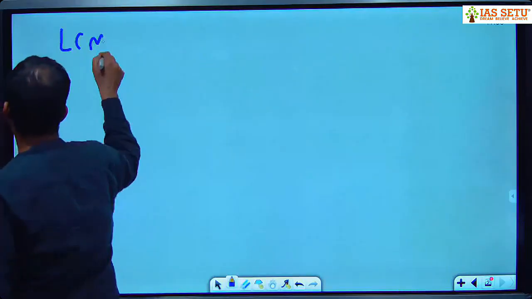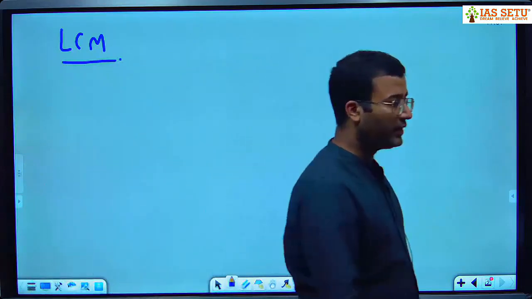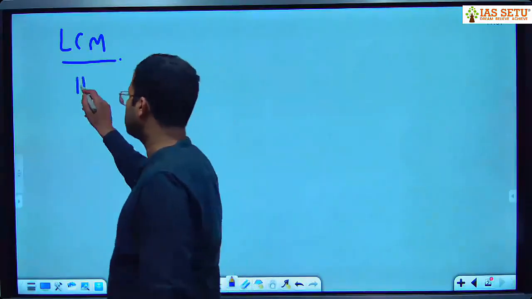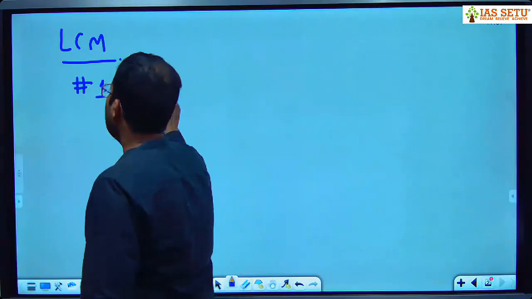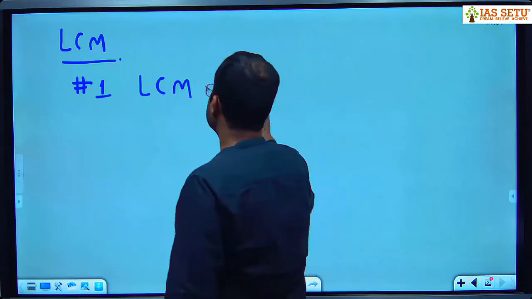See, I have seen students for each and every question to find LCM, they take time. But nearly 50-60% questions, where no need to use formula, we can directly find what is LCM. See here. So first property for LCM is, I already told you, so you can write LCM.